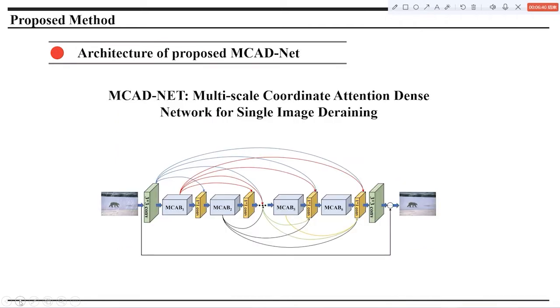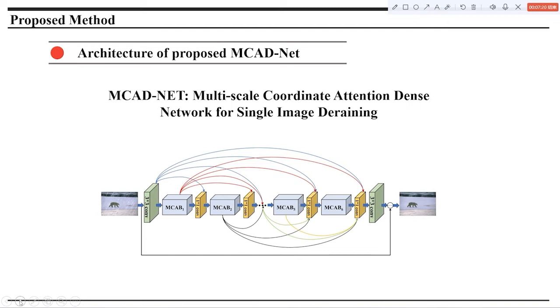Okay, to address the above-mentioned issues, the paper presents a multiscalar coordinate attention dense network called MCAD-Net. The proposed MCAD-Net is based on DenseNet. DenseNet has several compelling advantages. They alleviate the vanishing gradient problem, strengthen feature propagation, encourage feature reuse, and substantially reduce the number of parameters.